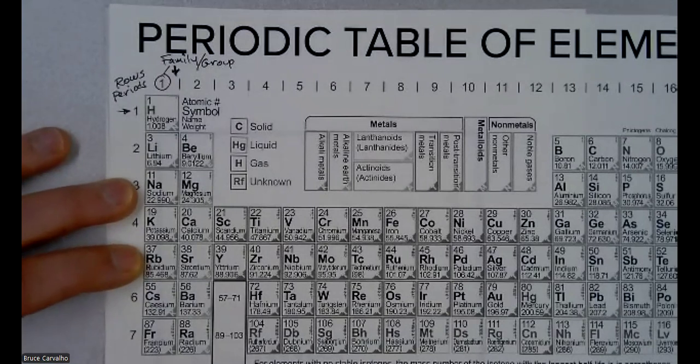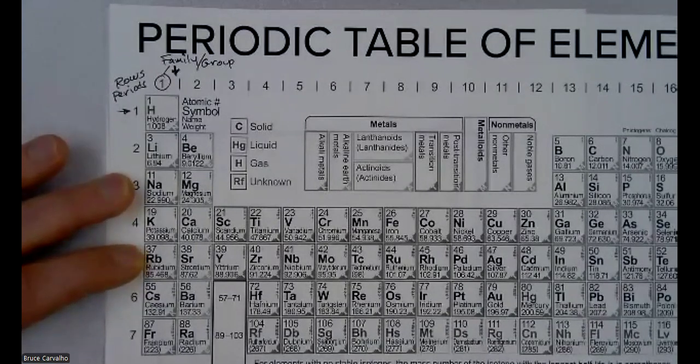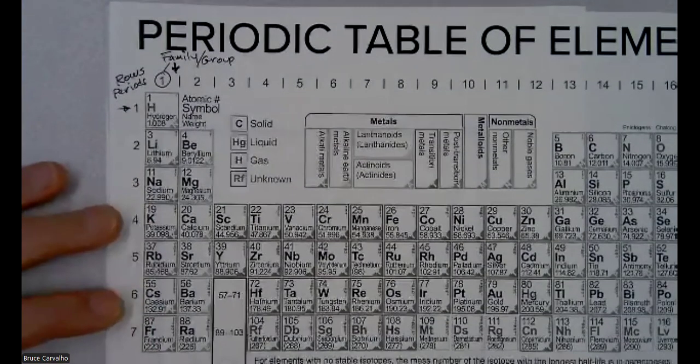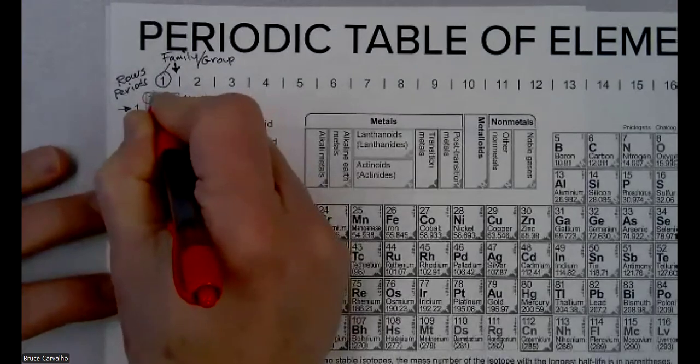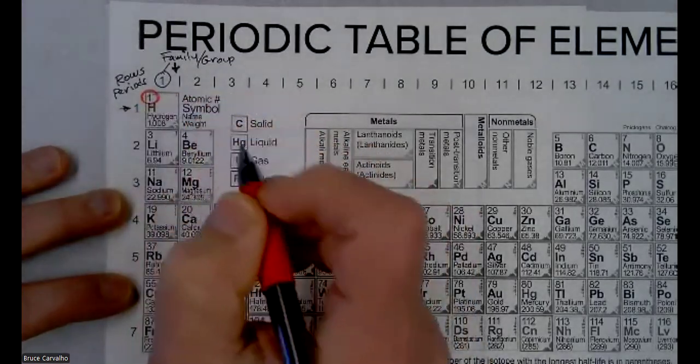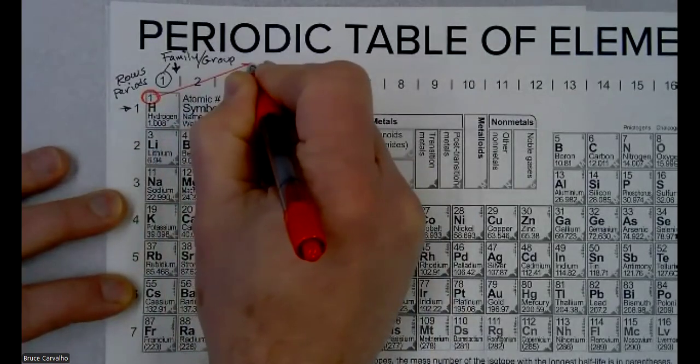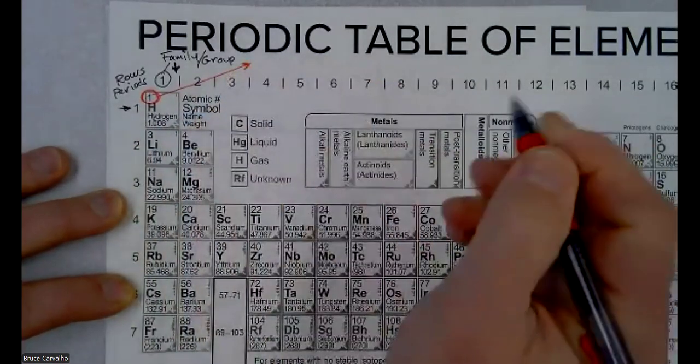I want to also show you now how to read one of the boxes of the periodic table. What we find when we're looking in the boxes is the top number has at least three identifiers. I'm going to do a little arrow out here to give you what those mean.